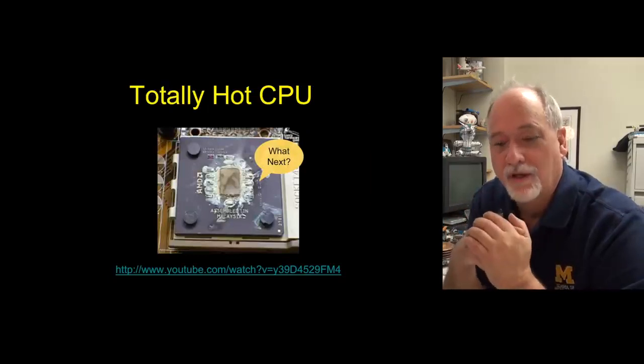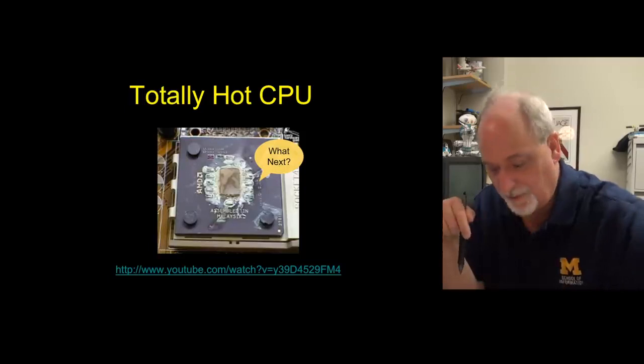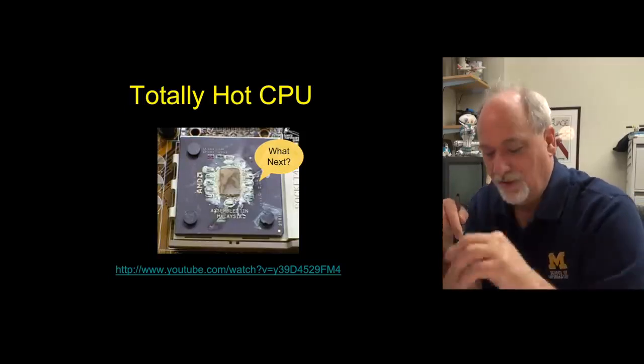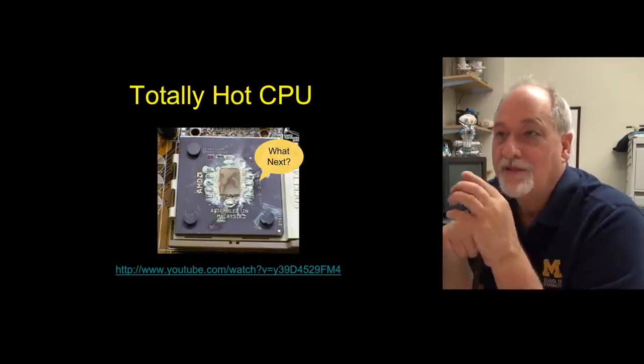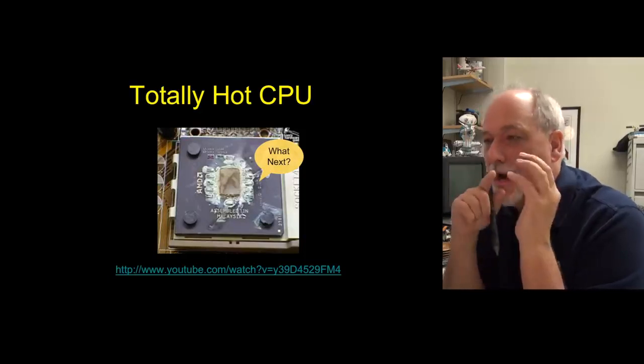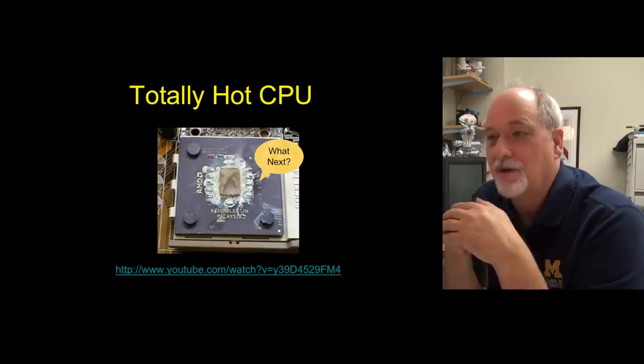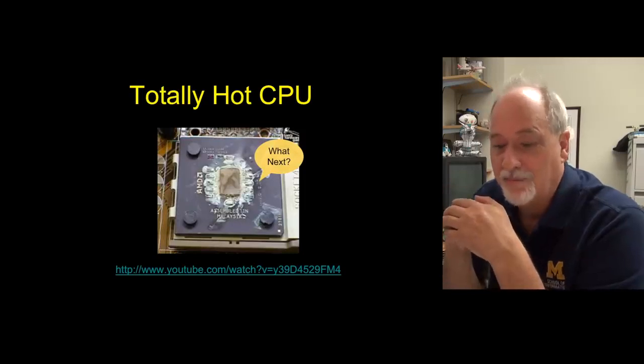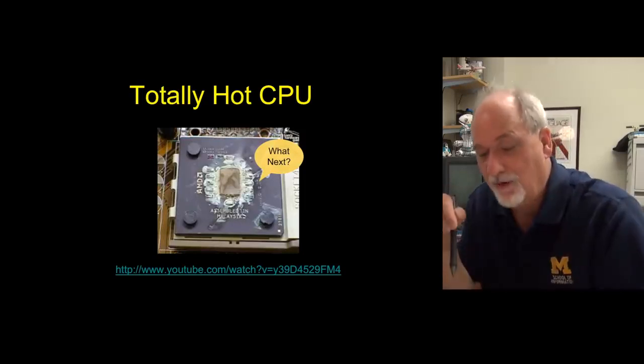So here's a couple of videos that you can look at on YouTube about a CPU. These CPUs, and it looks very much like this CPU that I've got with me, have extremely high heat. When you put your computer on your lap and it starts to heat up, that means it's thinking really, really hard.